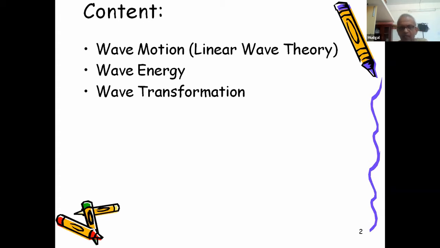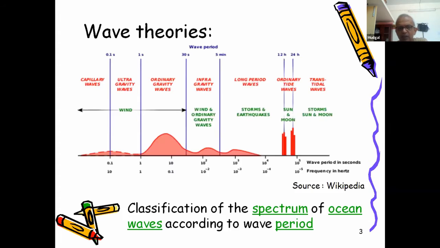Okay. Now, if you look at the classification of the spectrum of ocean waves, according to the wave period, you have different types of waves. On the x-axis, you will see the wave period in seconds.